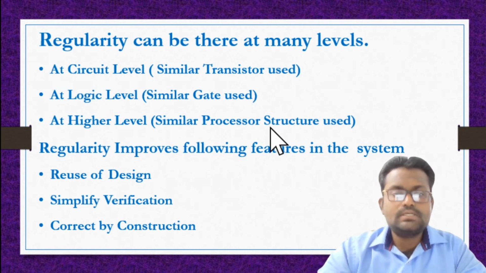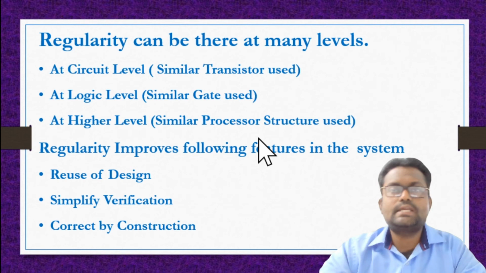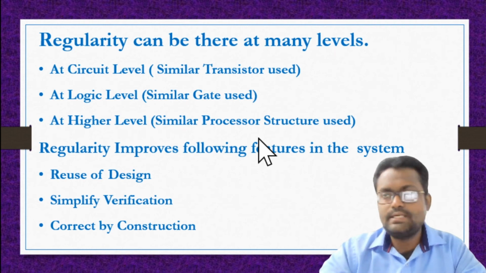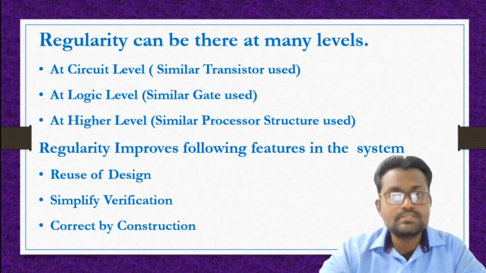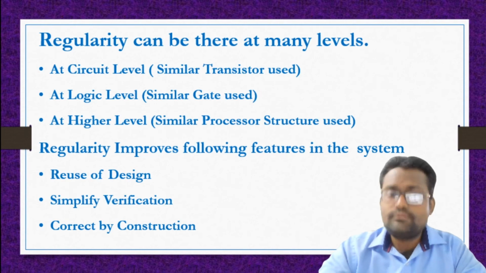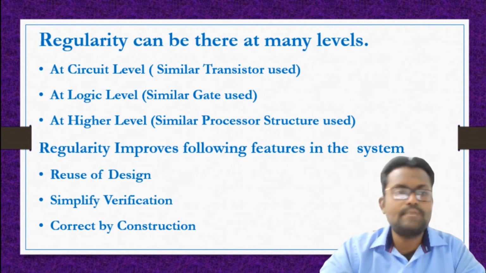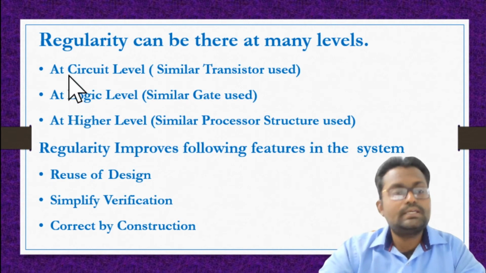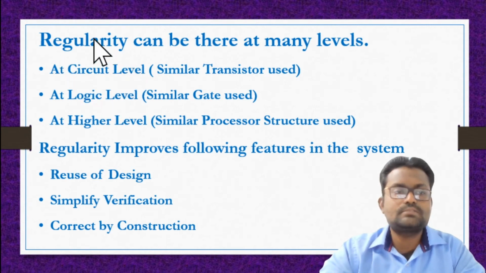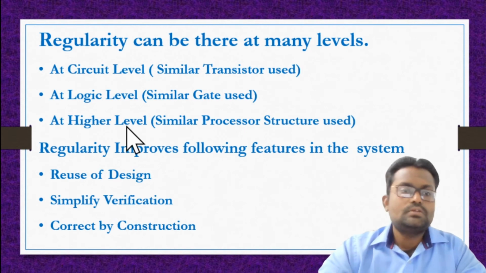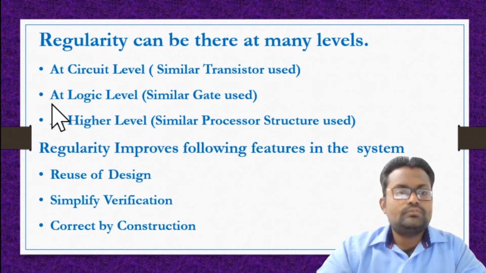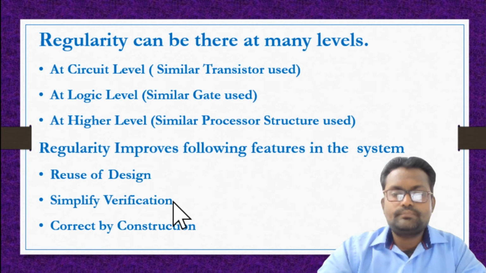Circuit level means if we need to design a VLSI circuit, first the system is divided into subsystems, and for making the subsystems, if we use a similar type of transistor, then the regularity is at the circuit level.